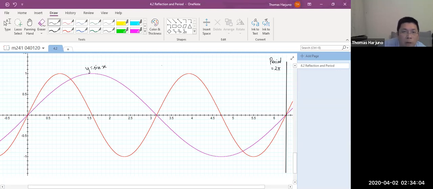Now, the graph for y equals sine 2x finishes actually 2 cycles there. From 0 to 2 pi, it finished 2 cycles. This is the first cycle. And this is the second cycle.